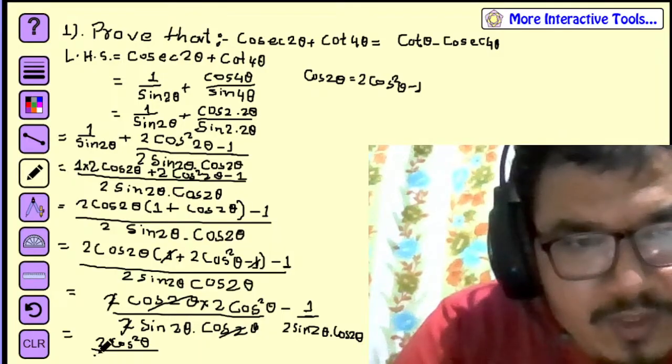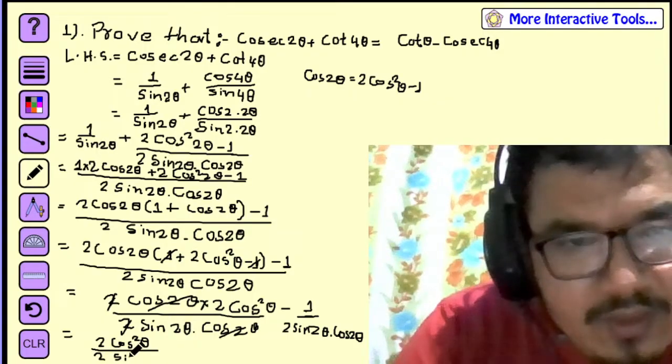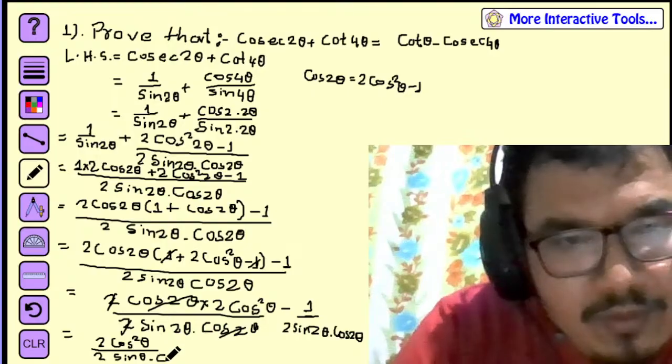The sine 2 theta we can also open by the formula: 2 sine theta into cos theta. And this cos theta cancels 1.